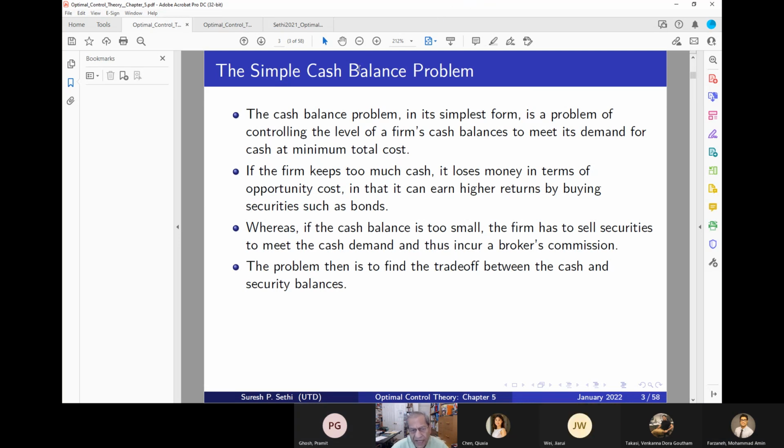So we begin with a cash balance problem. Basically, the firm has a demand for cash, and it wants to meet those demands at a minimum cost.